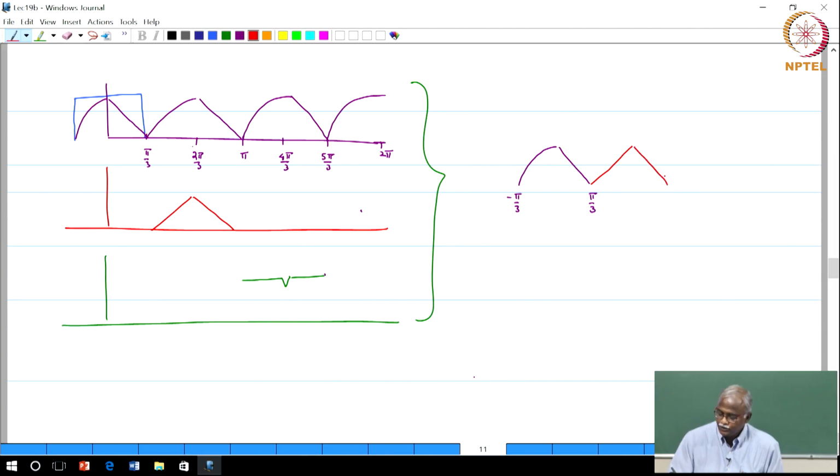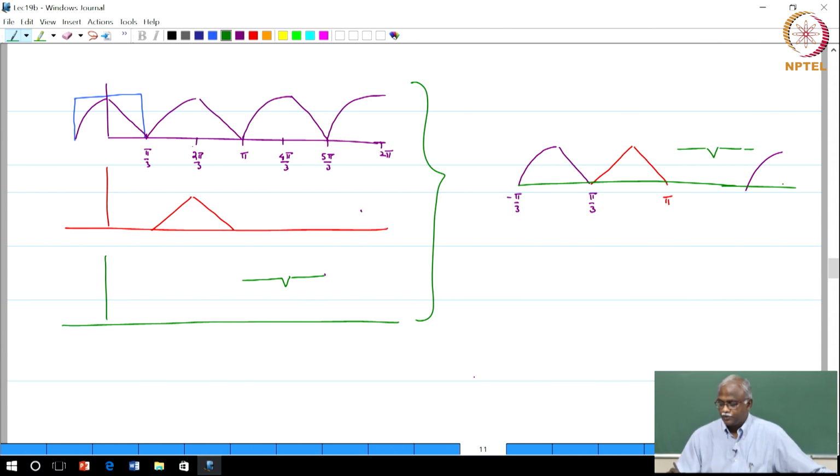This is the red portion going all the way to π, and then the green portion, and then finally you will get one more, the other part. Okay. So, this is what the spectrum looks like.